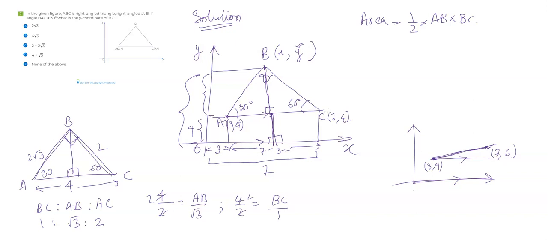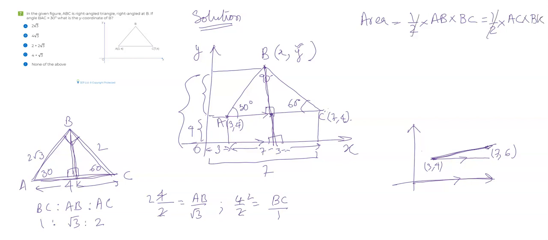But we can also find the area by taking this as the base and this as the height, and the area has to be the same. Let's take the perpendicular as BK. The area can also be written as half into base AC into BK. And we can equate both of them.